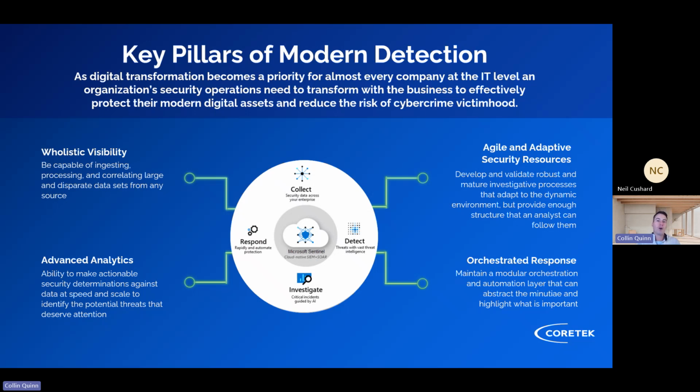And you want a modular orchestrated response capability that you can develop over time to make your team more effective and more efficient with every individual security alert, and make the time spent per alert as minimal as possible while maximizing the effectiveness of the response.